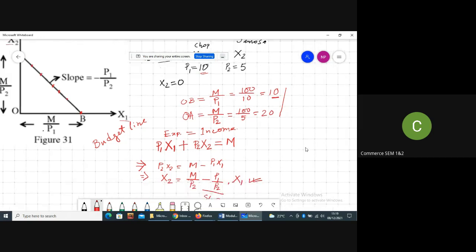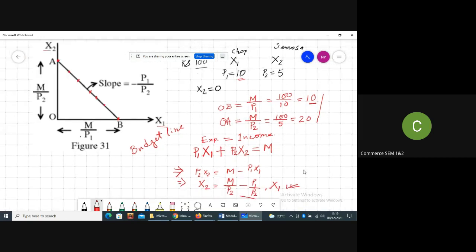Now, if you are on any point like this, C, D, E, F, any point on the budget line, all these points will satisfy this equation of the budget line. That means on each and every point on the budget line, your expenditure will be exactly equal to your income.